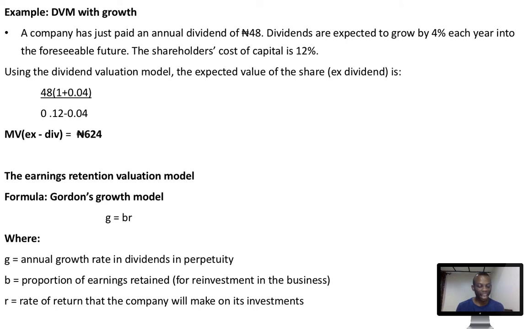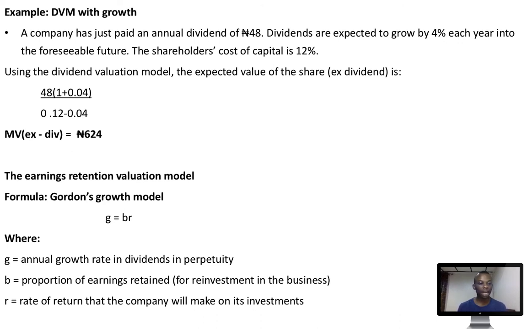Retention plus dividend will give us earnings. That means your earnings, you either pay it as dividend or you retain it as earnings. Or you can do both. Retain some and pay some as dividend. Most companies do that.